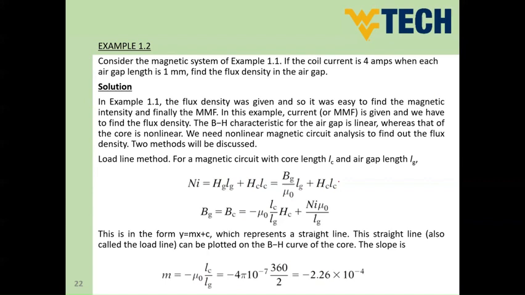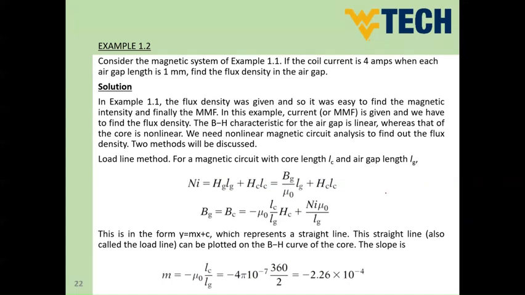Actually, we need to make a relation of a straight line from this, and use the BH curve and draw this straight line with the BH curve in order to get the point of intersection. So this example will not be easy to calculate numerically. You have to use a graphical solution.